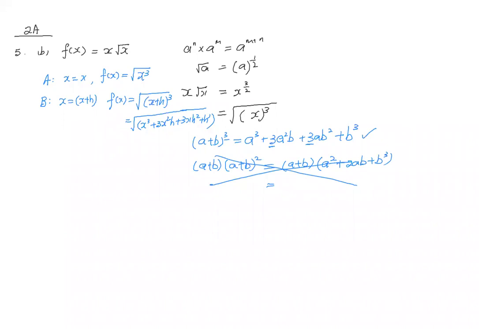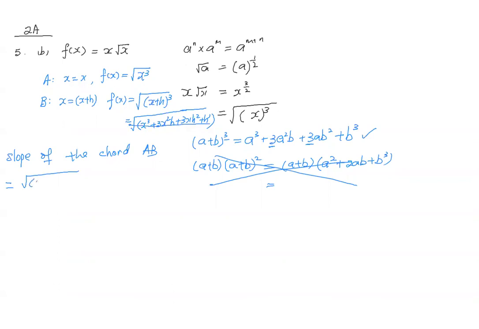Still remember slope of the chord? So I will have square root of, okay, you can expand later only. Or we don't expand first, if not, you have to write many times.